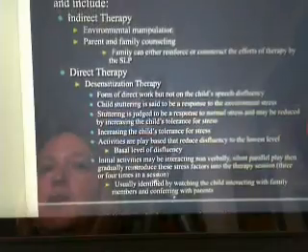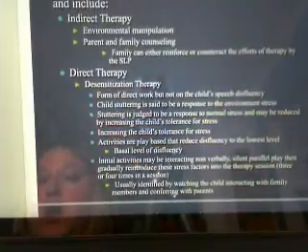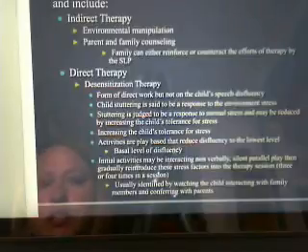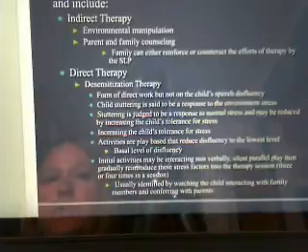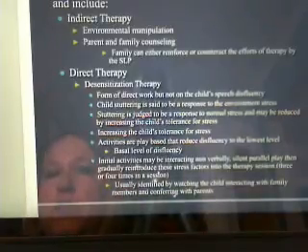And again, the family members usually watch the session with the SLP to learn these strategies to then carry over these types of interactions in the home environment.